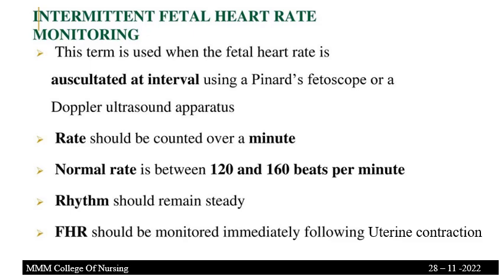The normal rate is between 120 to 160. The rhythm should be steady. The FHR should be monitored immediately following uterine contractions. So that is very, very important. Do not record the fetal heart with the Doppler or Pinard stethoscope during the contraction. It should be recorded after every contraction.